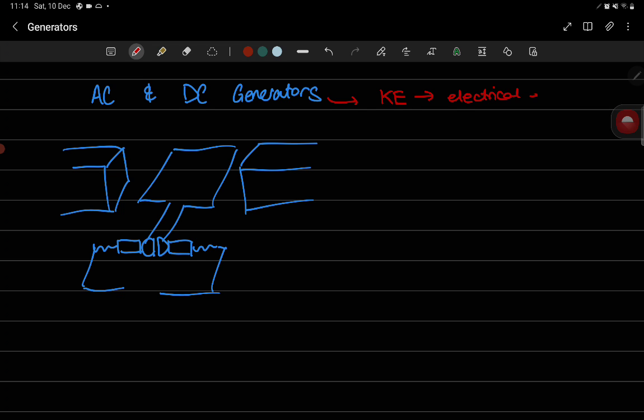It converts kinetic energy to electrical energy. Motors do the opposite. Motors go from electrical energy to kinetic energy. So generators go from kinetic energy to electrical energy. So that electrical energy is used up by some sort of load that you've connected to the system. You can typically represent it as some resistance.